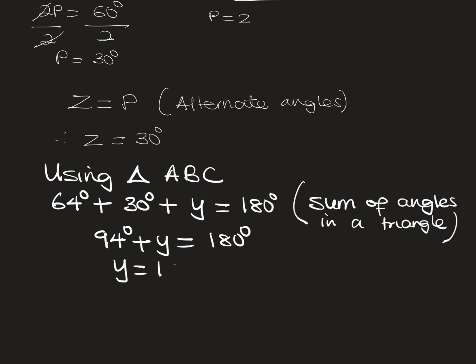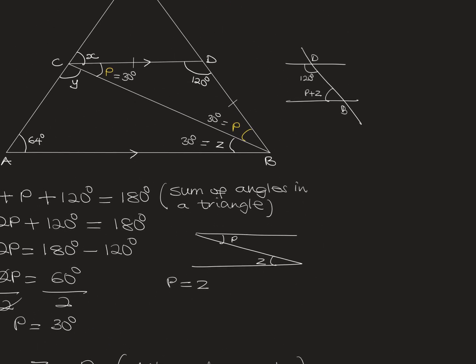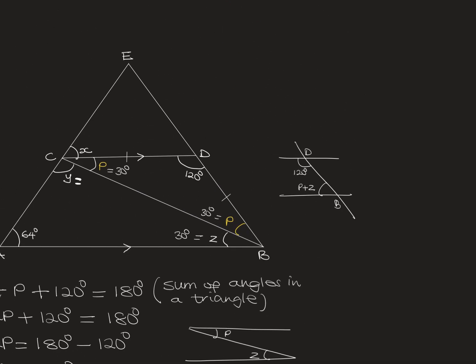So Y is equal to 180 degrees minus 94 degrees. Y is equal to 86 degrees. So that is the value of angle Y.